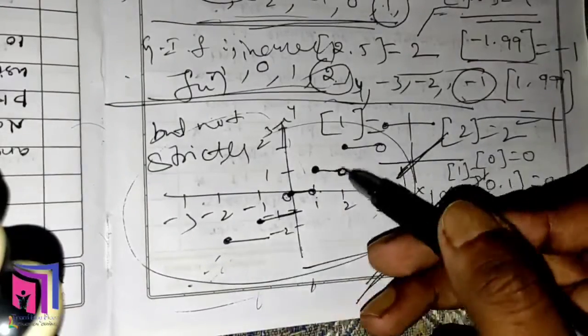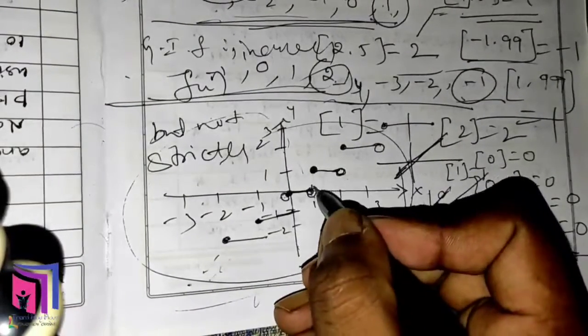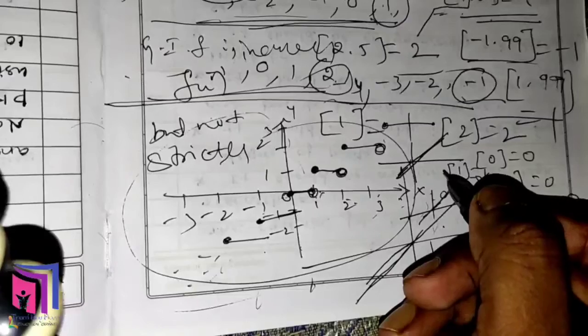Suppose the graph goes like this, we get a gap here, and the graph goes again like this. This is what we call not continuous. Like this we also see here we get a gap, here we get a gap. At all the integer points we get gaps. At all the integer points the given function is discontinuous. This is not continuous.